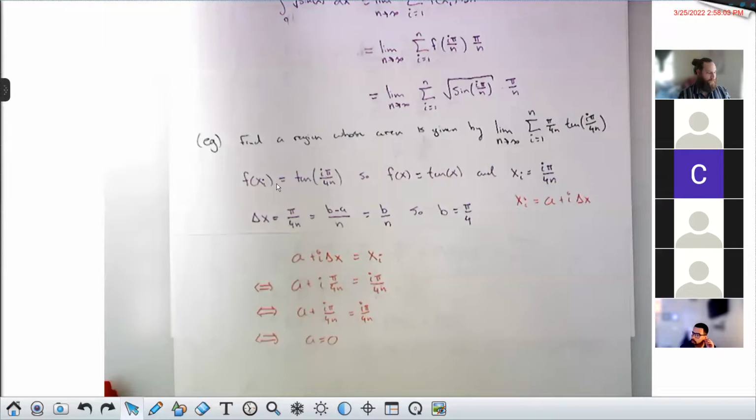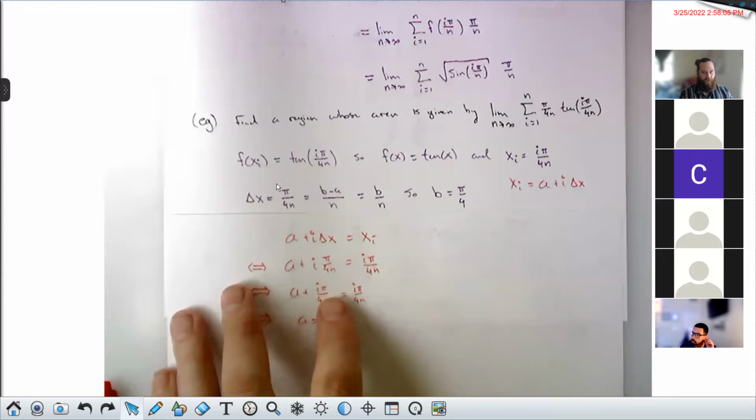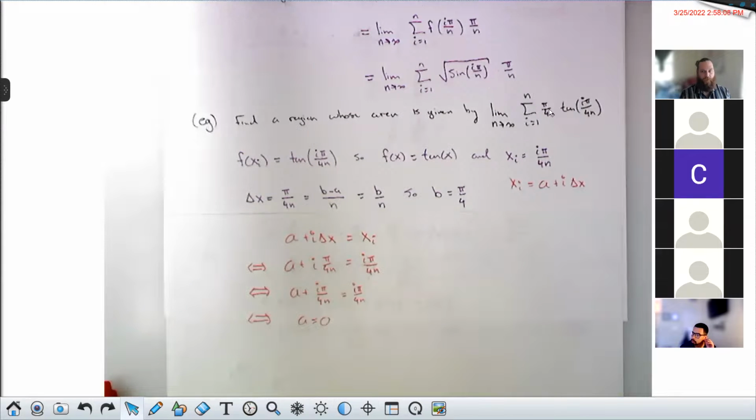But either one of those would be a reasonable answer. And I think the nicest way to come at these is to try and think of these as being as simple as possible. So think of this as I times delta x, think of this as delta x, and then you can solve for your A if you need to. Okay.